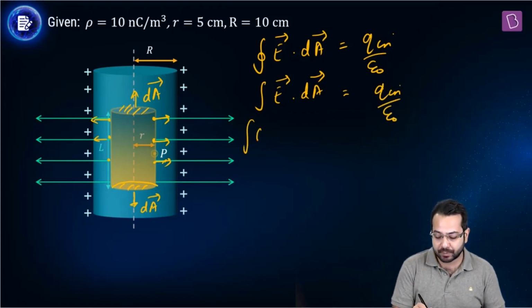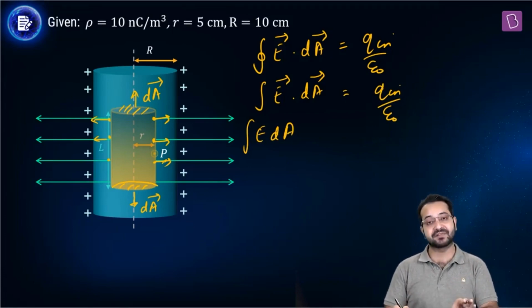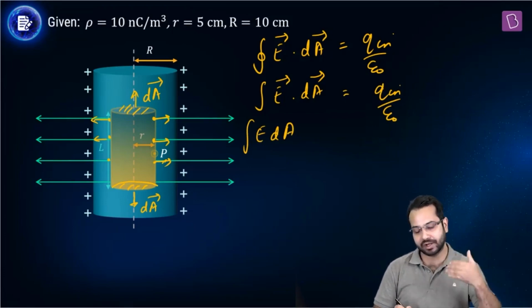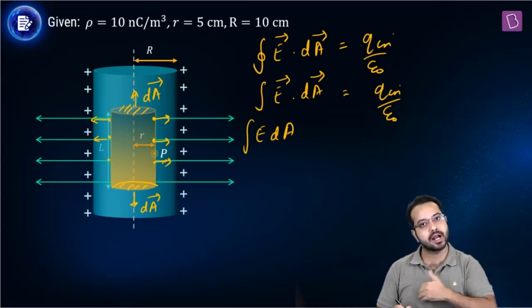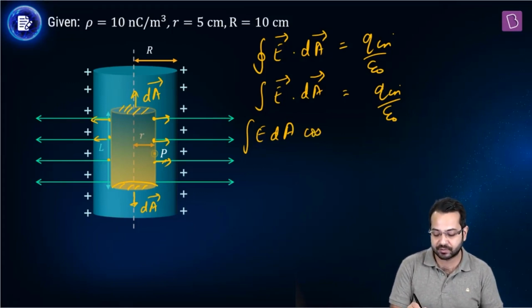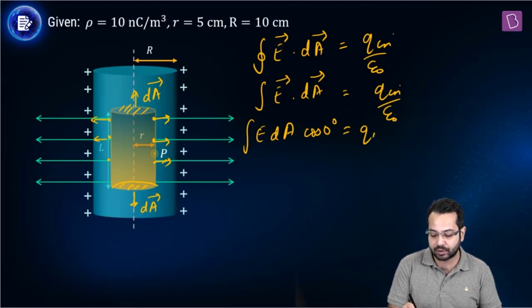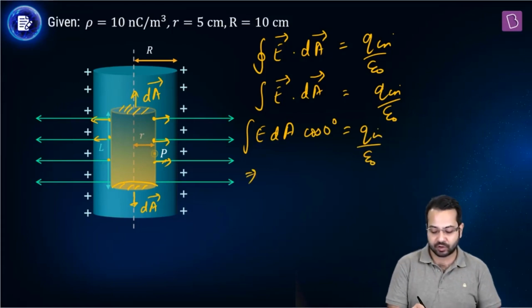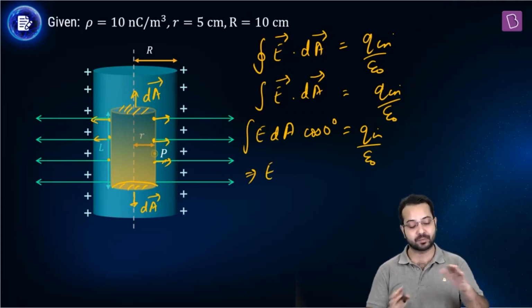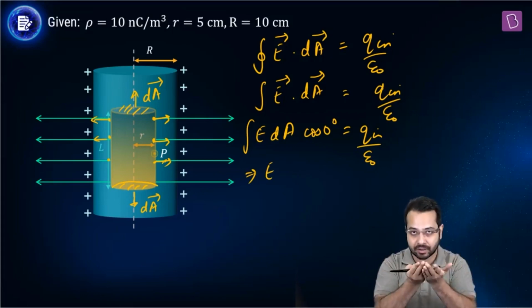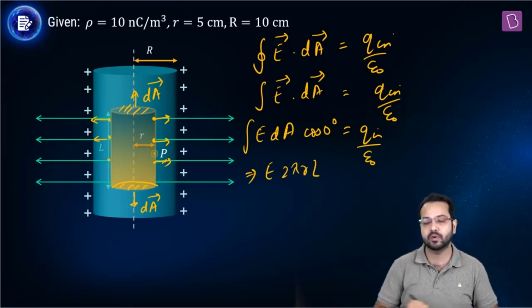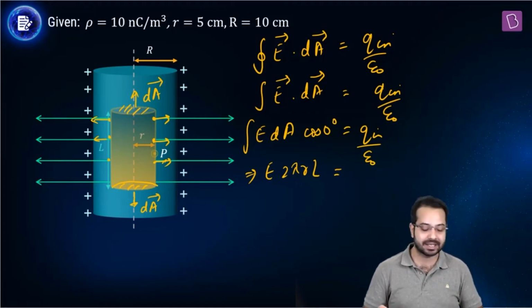Alright, so this is going to become E dA, and we have seen that at every point dA and E are making 0 degree, because E is also radial and dA is also radial. So this becomes cos 0 degree is equal to Q inside upon epsilon naught. E is going to come out, and the integral of dA would be the total area of the curved surface, and that is going to be 2 pi r into L. Alright, this is equal to Q inside upon epsilon naught.